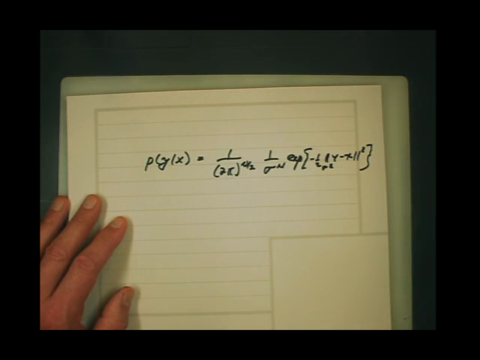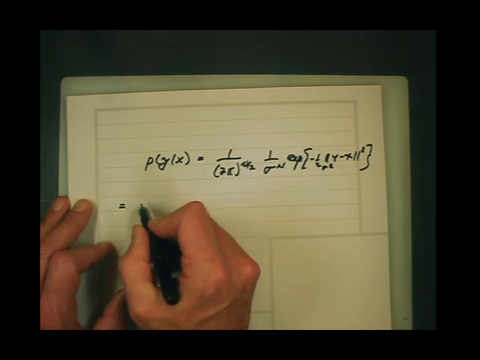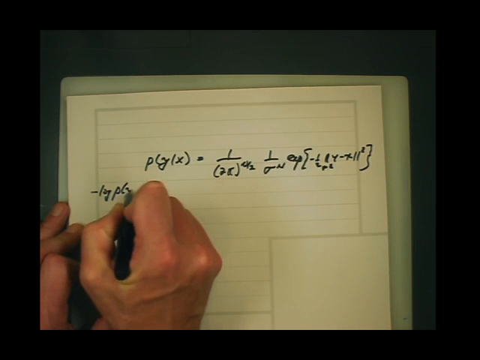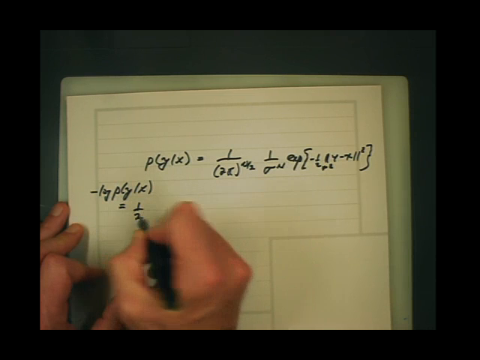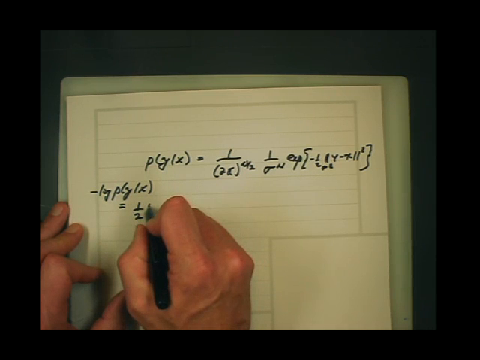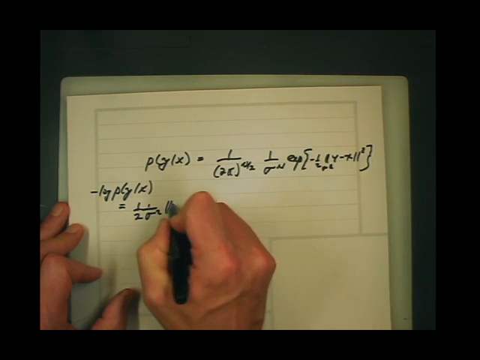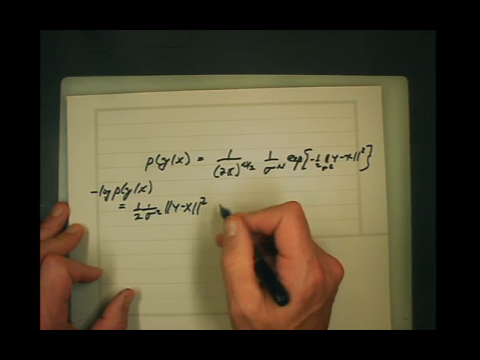Okay? So if I take the negative log, so the minus log of P of y given x, that's equal to 1/2 over sigma squared, the norm of y minus x squared, okay?